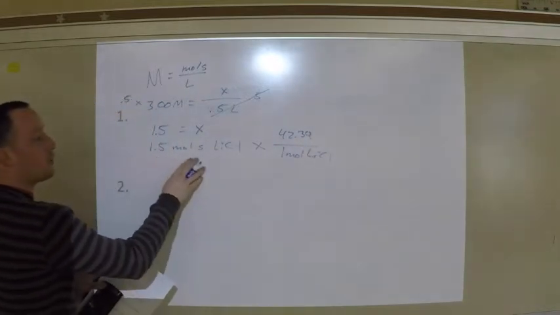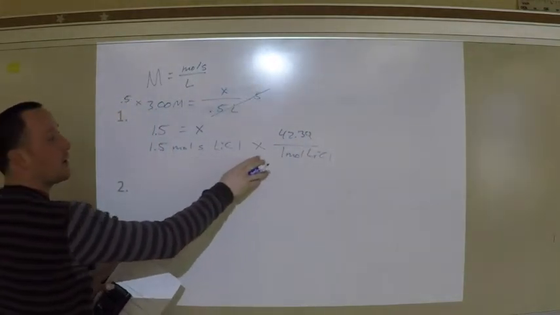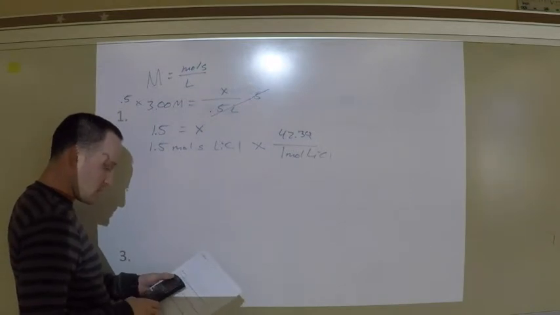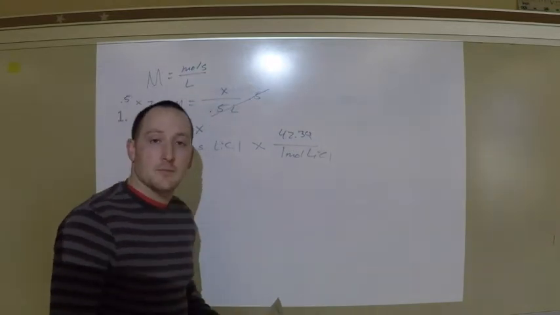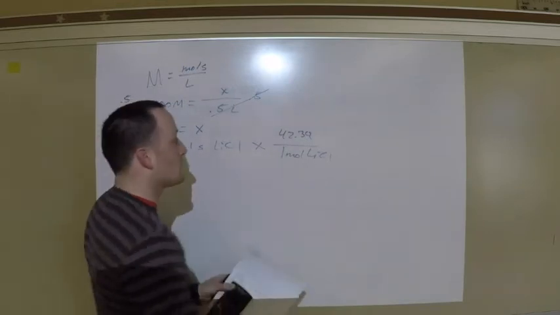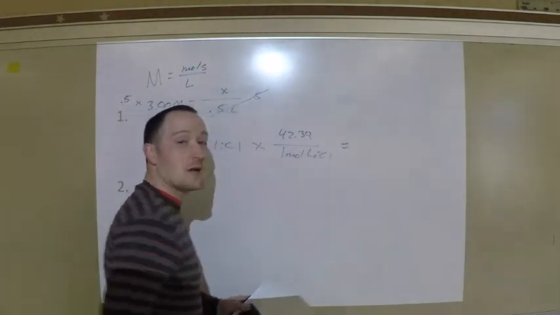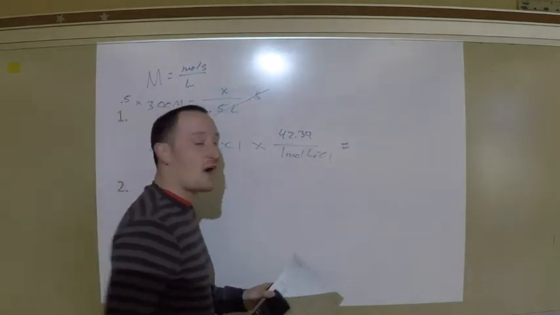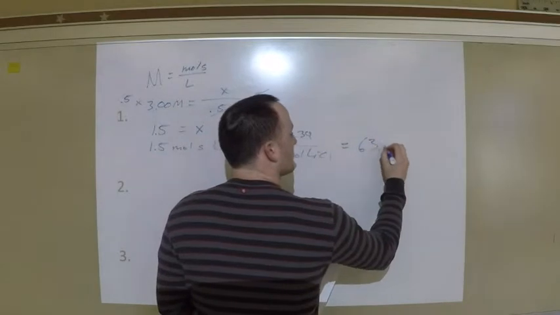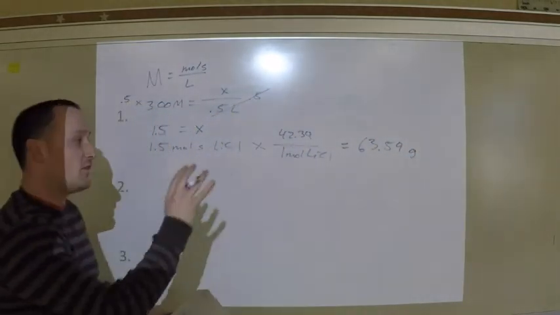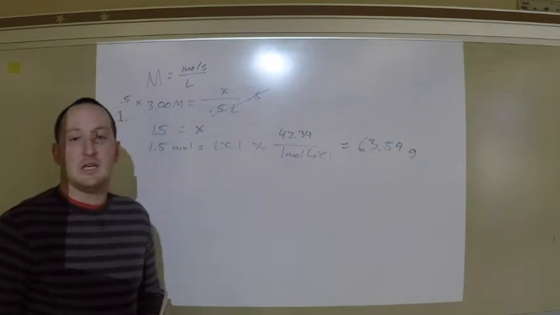So I would take my 1.5 moles of lithium chloride, multiply by 42.39, and that's going to tell me how many grams I would need to dissolve in my solution. Okay? So that's how many grams are in that solution, and I get 63.59. This is the amount of grams that I would need in that solution.